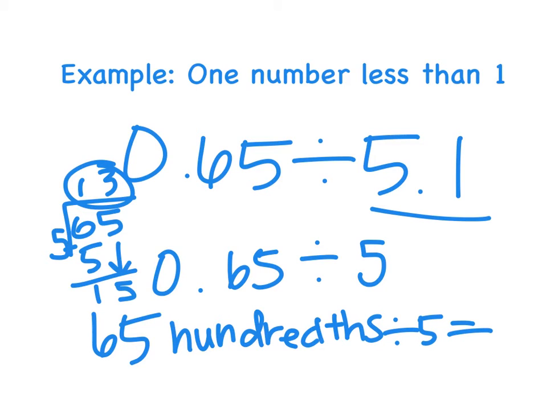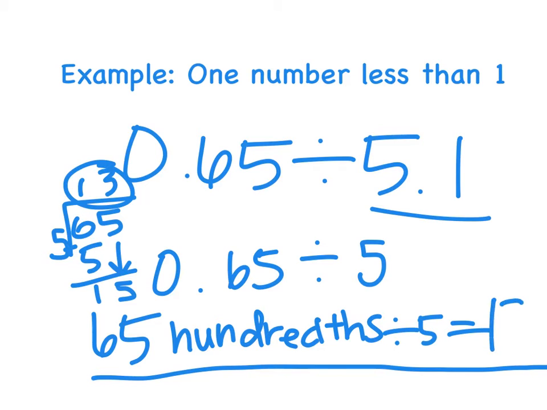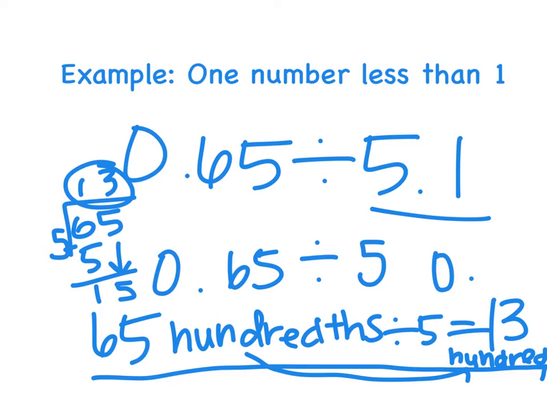So 65 hundredths divided by 5 would be 13 hundredths. My label just kind of comes over here. And I can't fit that all in there, but you know what that is, 13 hundredths. And another way to write 13 hundredths is 0.13. So think about your decimal as just like a label when you get a problem like this. So if it's something like tenths divided into 2 groups, well, you bring that label over, tenth.